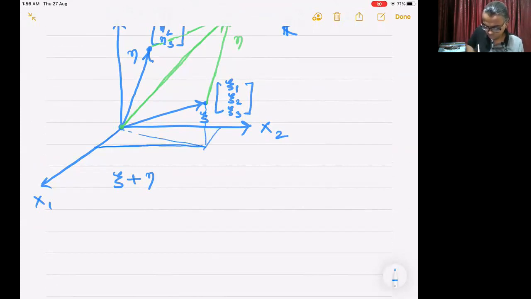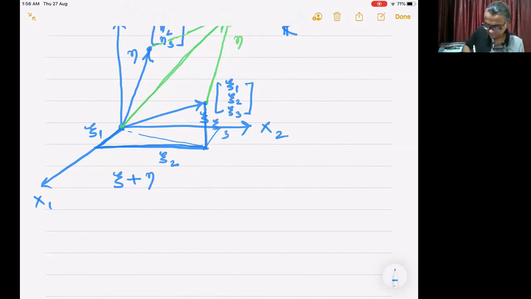The component along the x1 axis, this length, is xi1. The component along the x2 axis is xi2, and the component along the x3 axis is xi3.